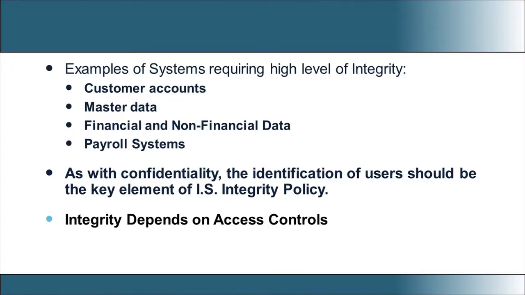So a user identifies himself through a login, then there is a password, then authentication happens, then there is an authorization, and based on this authorization he can now do certain consistent actions on the data.